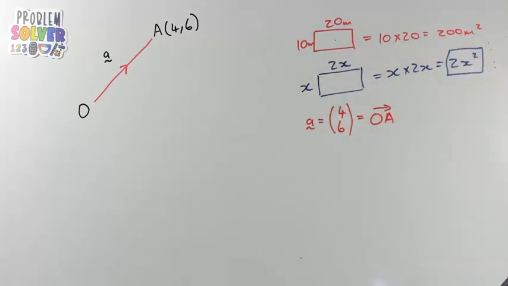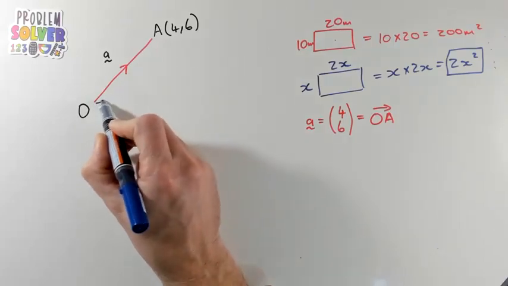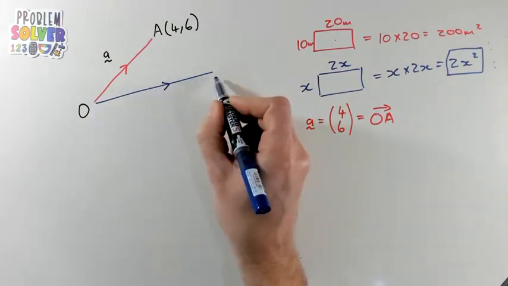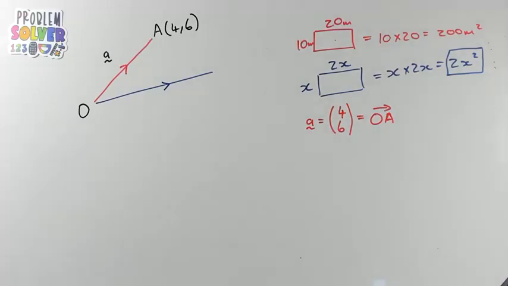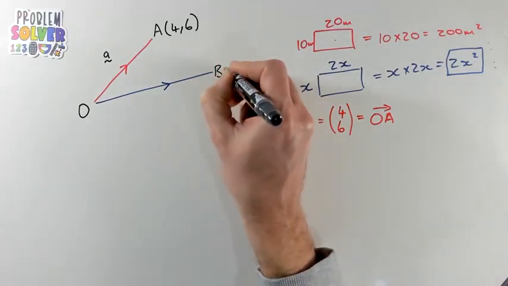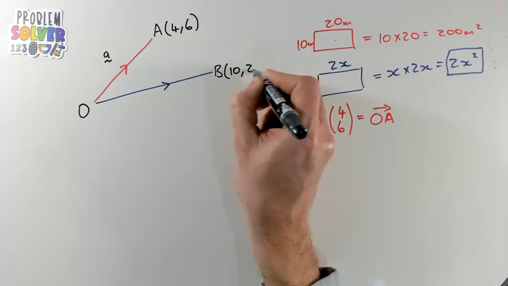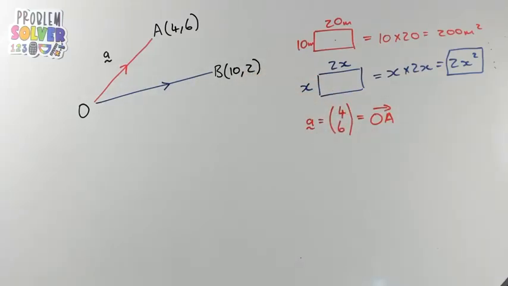For the next one, let's say I'm going to go in that direction. From the origin, I'm going to move to my point B, and my point B, I'm giving it a coordinate 10 and 2. And I just want to keep the color coding the same.